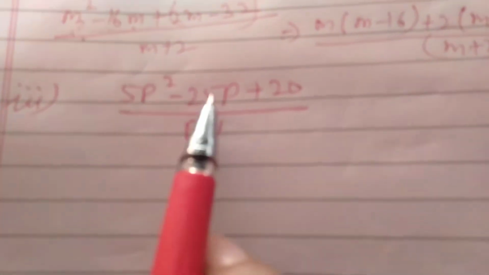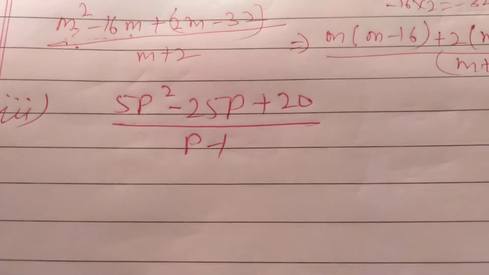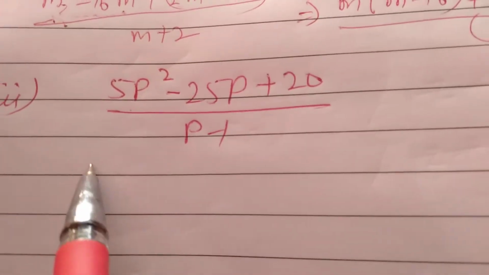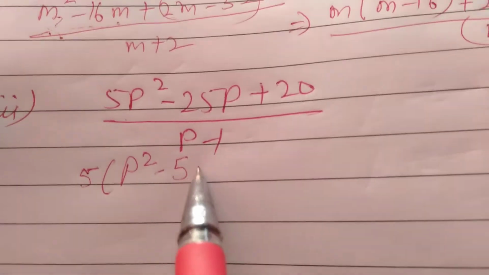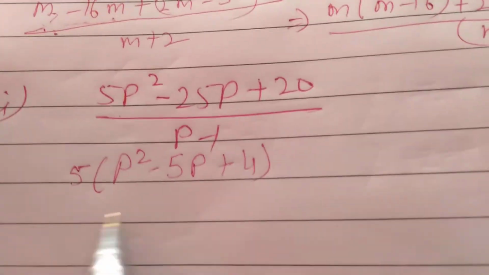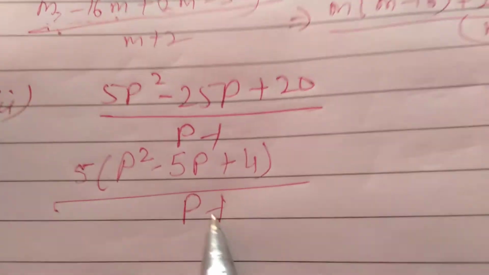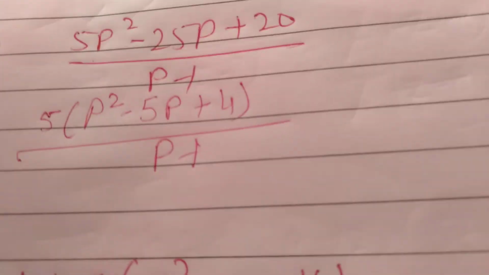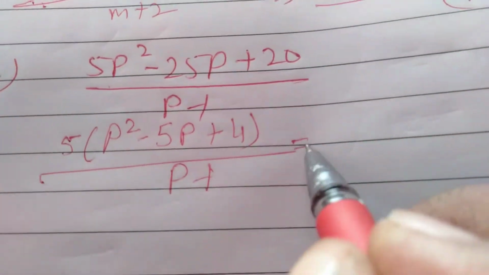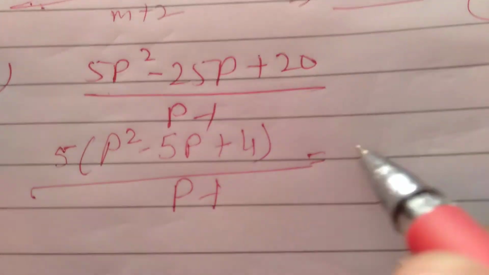You can see 5, 25, 20 are all multiples of 5. So at first you will take 5 common, then you will get 5 times p square minus 5p plus 4 by p minus 1. Now we have to factorize this p square minus 5p plus 4. So let us factorize. 4 ones are 4 and 4 and 1 is 5.